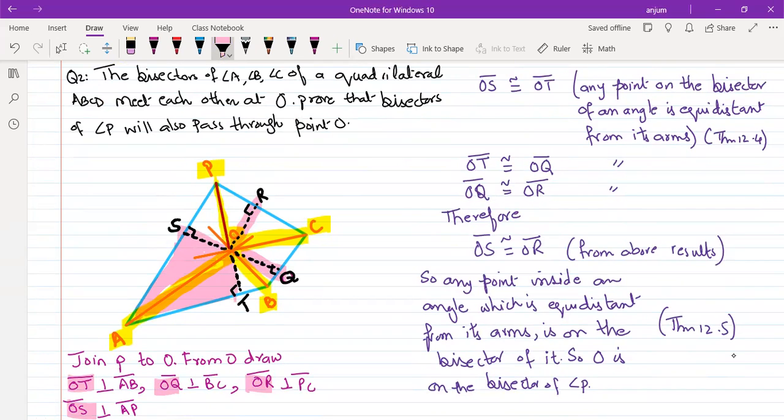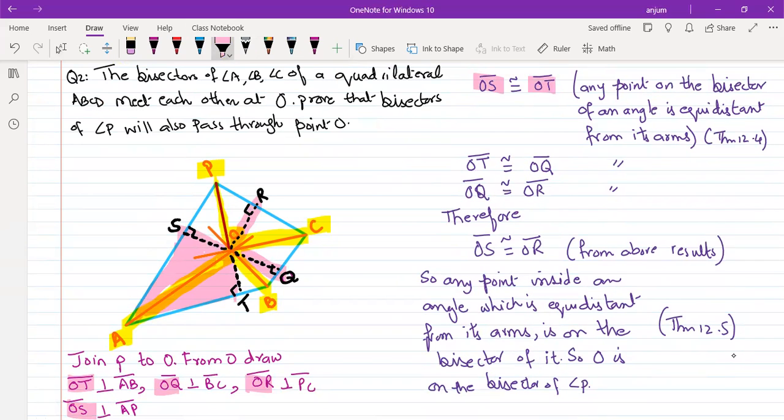OS is congruent to OT because O is a point on the bisector of the angle, and it will be equidistant from the arms of the angle. This is the statement of the theorem. So according to theorem 12.4, OS is congruent to OT.